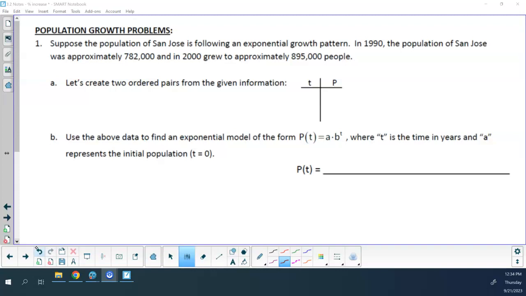So based off of that, I want you to give me 2 ordered pairs that will be on our function, in our graph, data points, if you will. 2 of them, please.